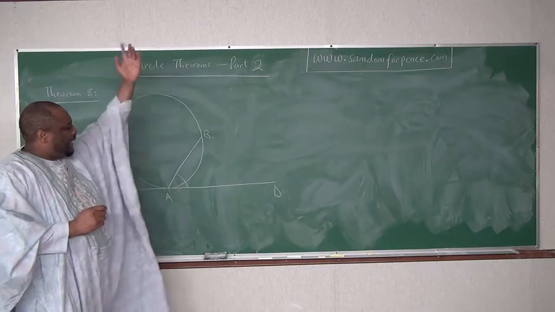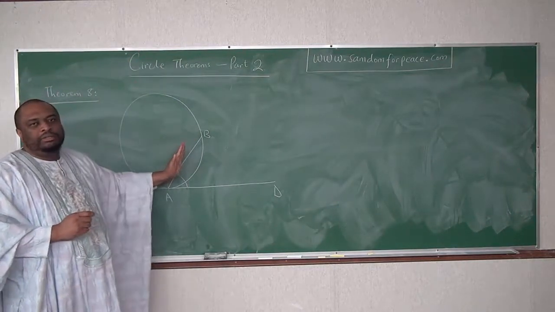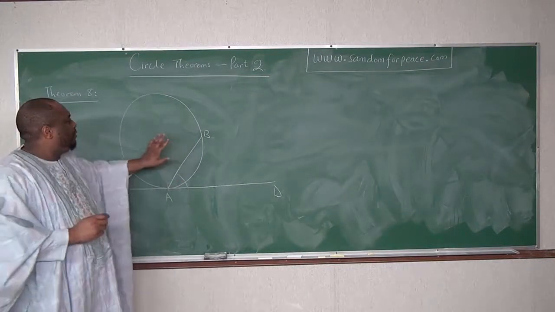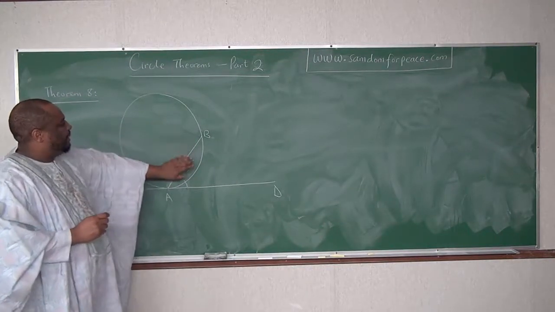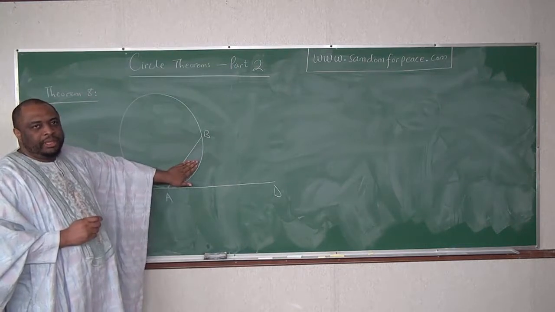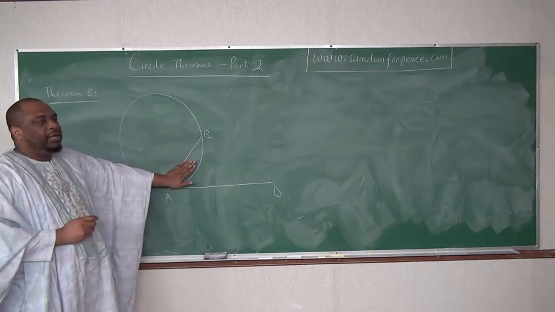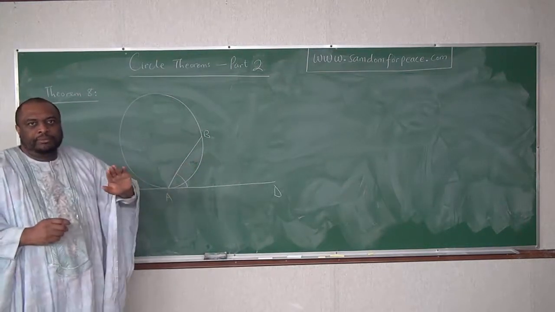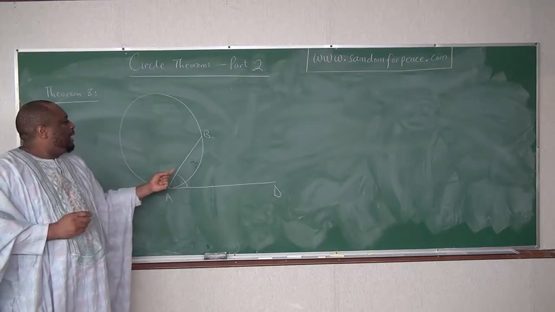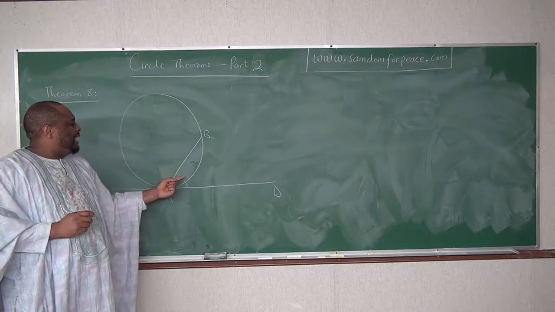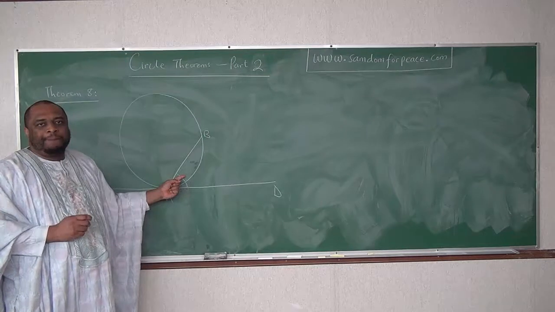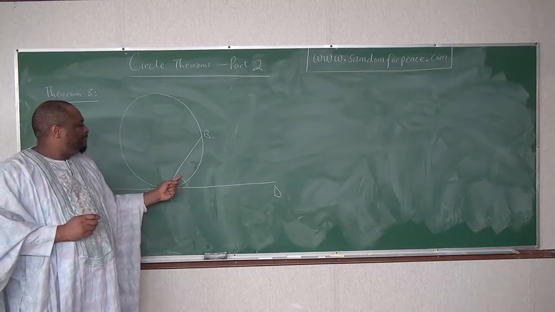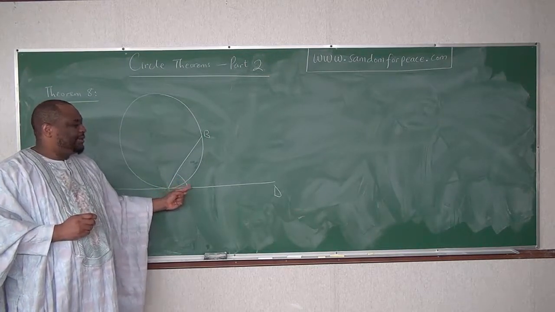Here, as you can see, this chord divides the circle into a major segment and a minor segment. This angle is part of this segment and also outside it.